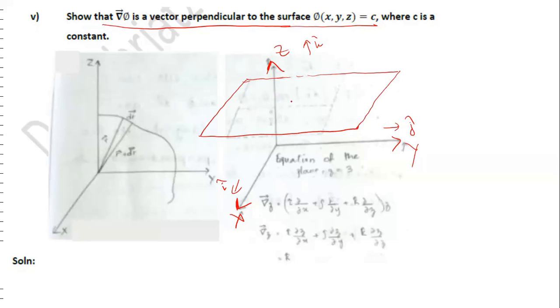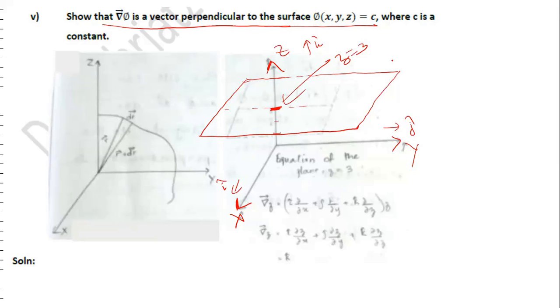And this plane intersects the z-axis at, let's say, 1, 2, 3. Let's say this is where the plane intersects the z-axis. That is at z equal to 3. Okay, it intersects the z-axis at 3.